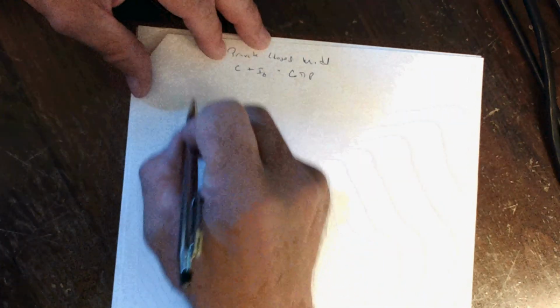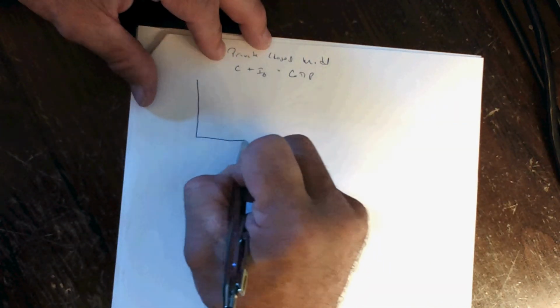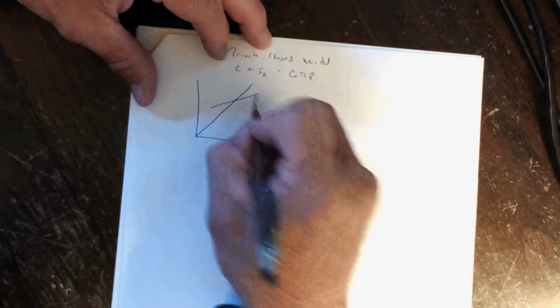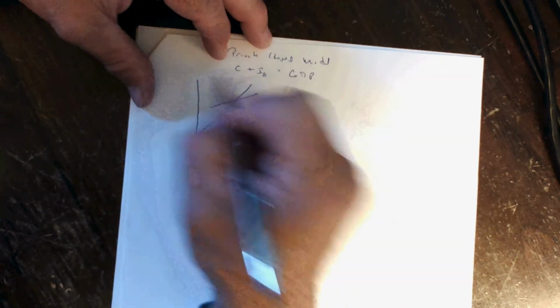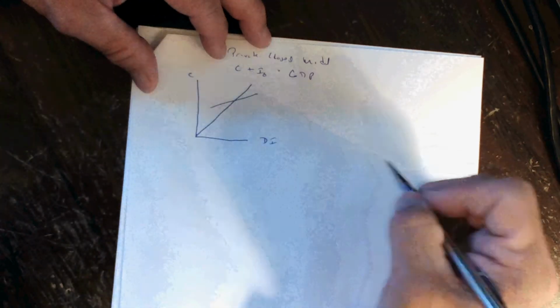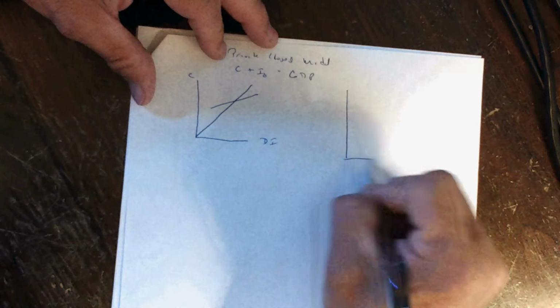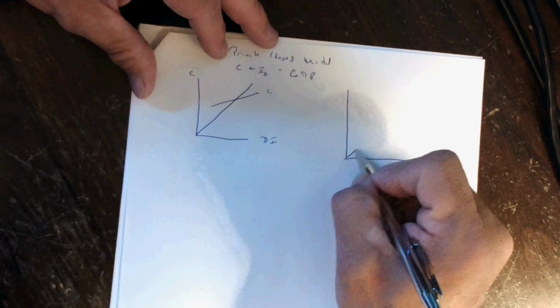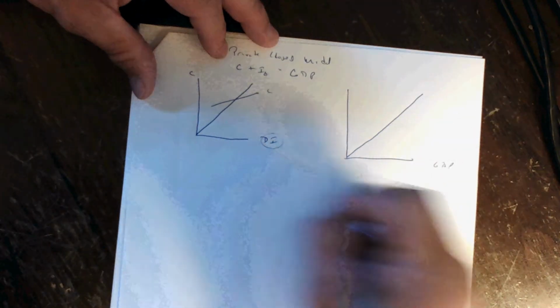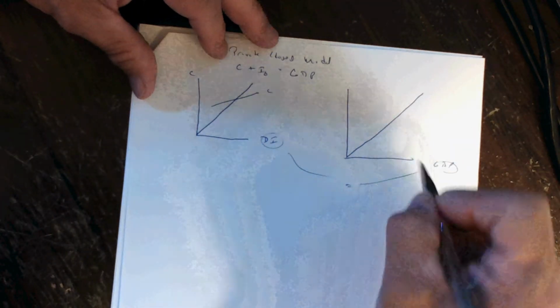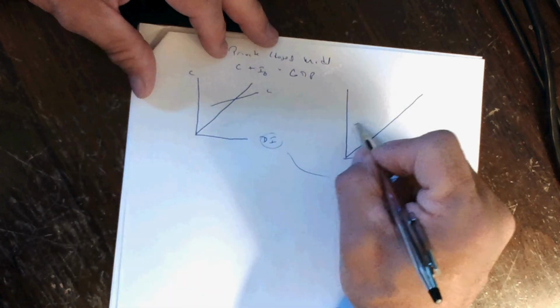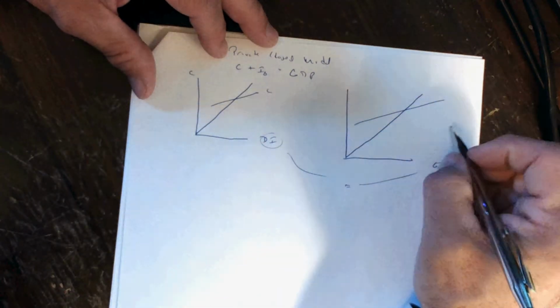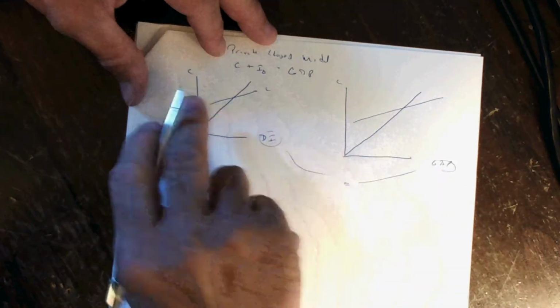And what we did is we took consumption and tried to predict it using disposable income. We made some assumptions such that disposable income and GDP were equal. So all we had to do to get our consumption line related to GDP was just move it over because they're equal.